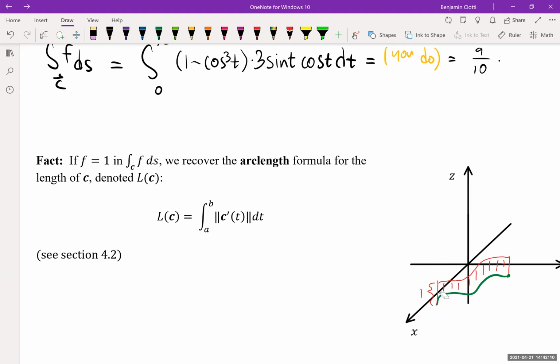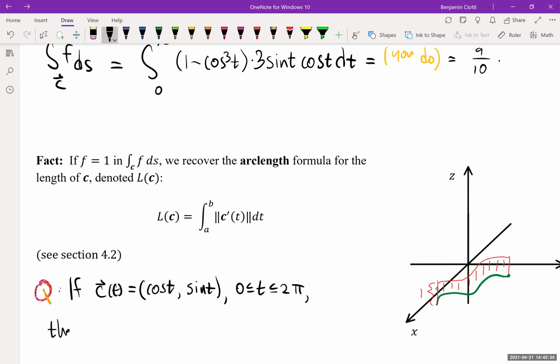Let me ask you a question. How about if C of t is cos t, sine t, with t from 0 to 2 pi, then L of C is what? Someone tell me this.